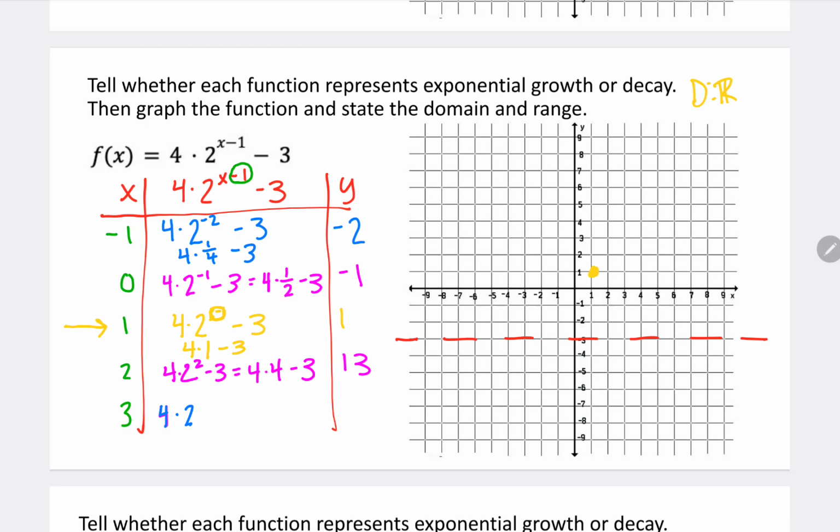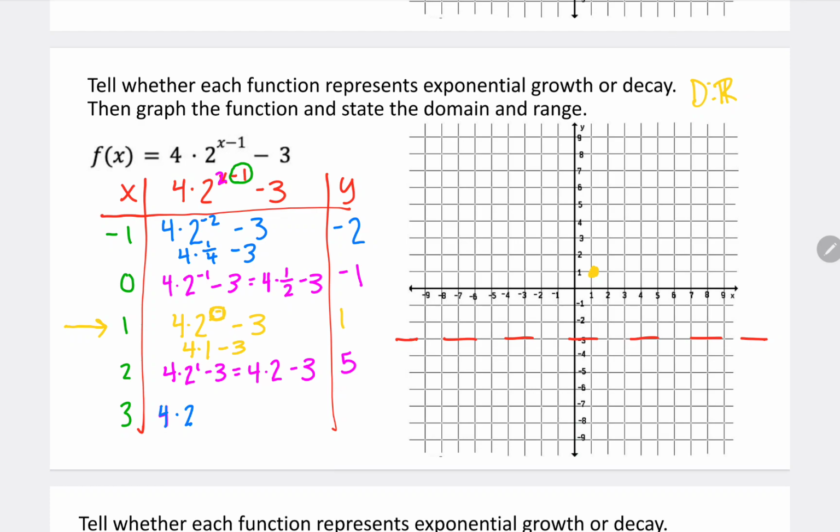Let's go back here. This is not 4 times 2 to the 2nd power, because when I plug in a 2 up here, 2 minus 1 is 1. So that becomes 2 to the 1st power. So 4 times 2 minus 3 is 5.